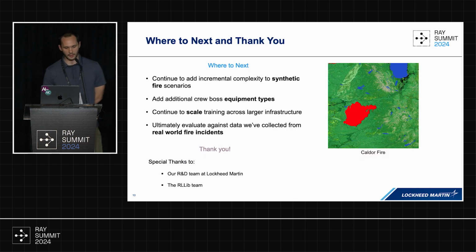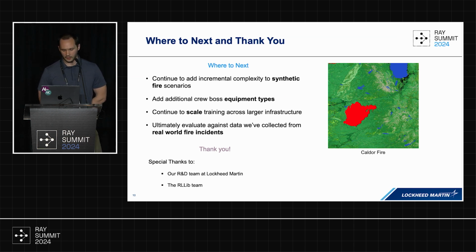And so where to next for our team? What we're working on now is to continue to add incremental complexity to these scenarios, and also add additional equipment types. Those results were just for bulldozer type agents, but there are also many other types of equipment, helicopters, et cetera, so we've been experimenting with different types like that.